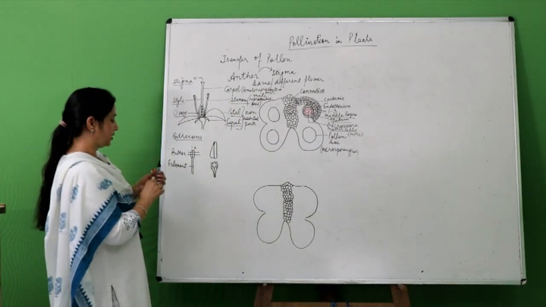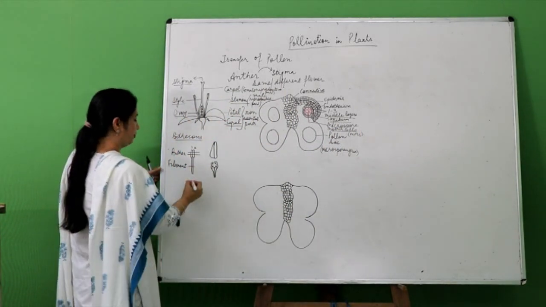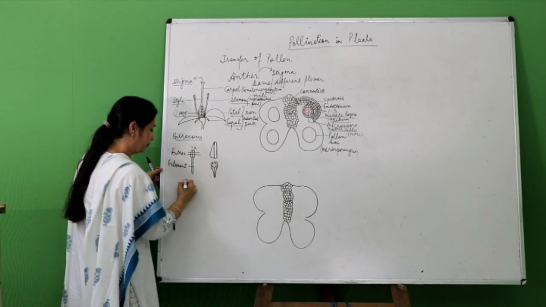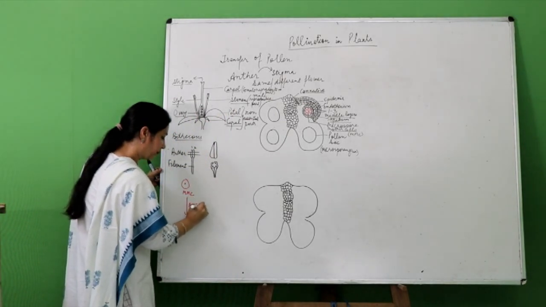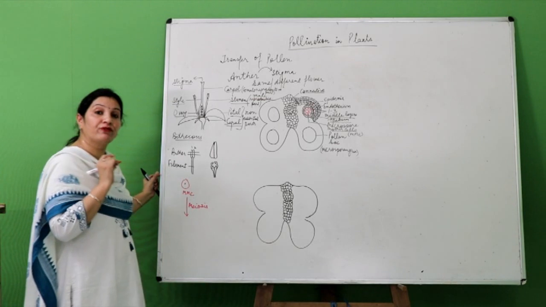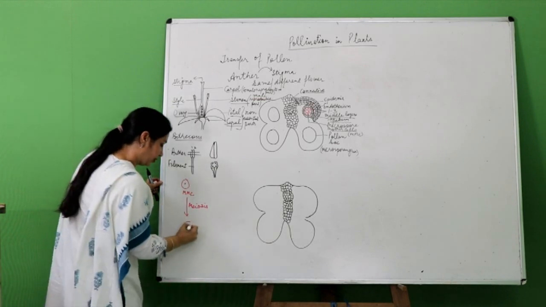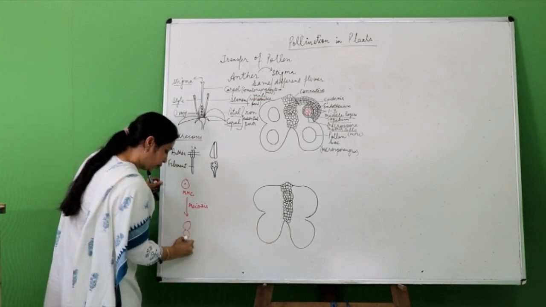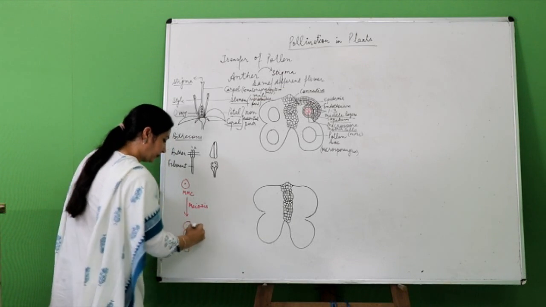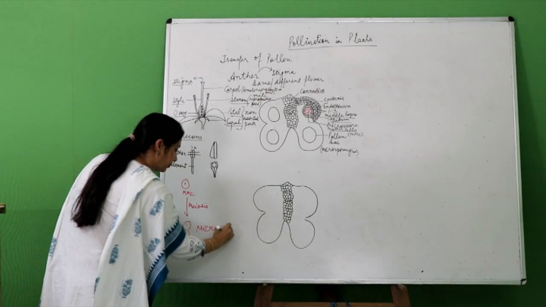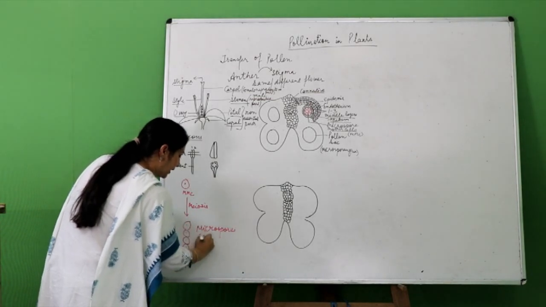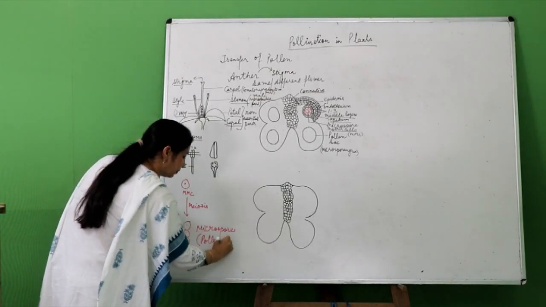Now, what happens is, each pollen mother cell or microspore mother cell undergoes meiosis, and it forms four microspores, or we call them pollen grains.